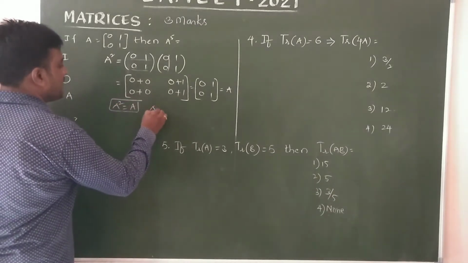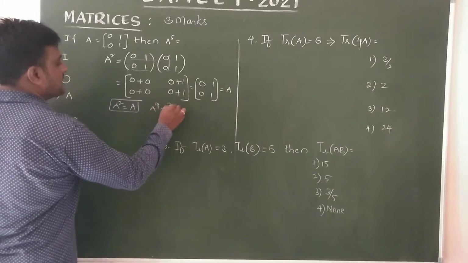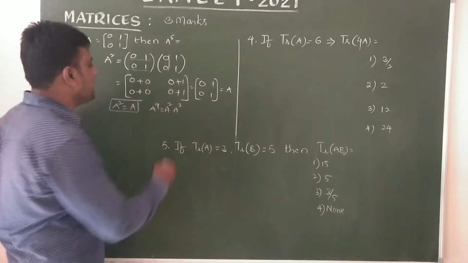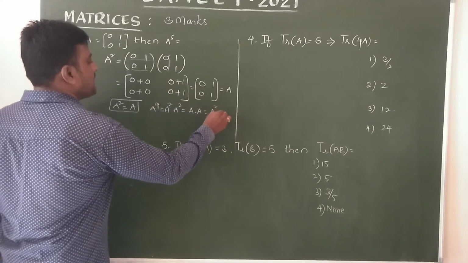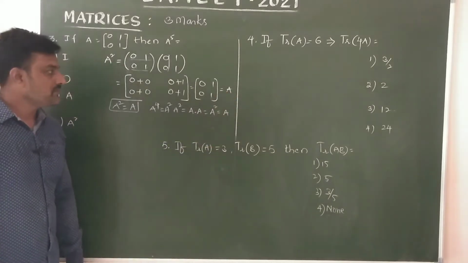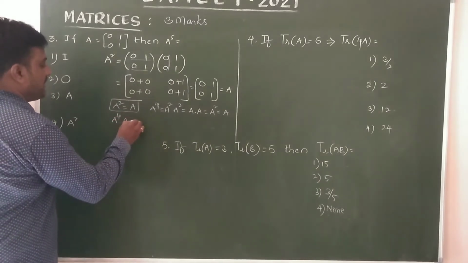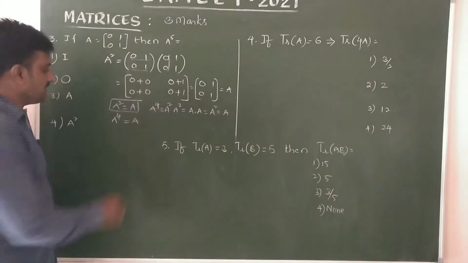Okay, then A power 4 equals what? A square into A square. Shall I write like this? Definitely, it should be A square into A square. Then A into A, again it is the A square. Then that equals A. Yes or no? Okay, so A power 4 also be A. Yes.